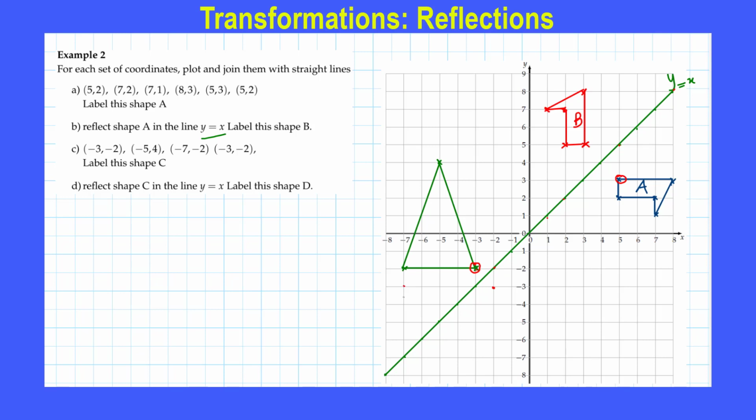This time I'm going down until I hit the line, then going across the same distance. And the last one, I'm going across till it hits the line and then goes down. You'll notice that I had deleted all my previous workings on there. Now I join them up. And what I should have done to start with, I should have labelled the first one C and the second one is going to be labelled D.